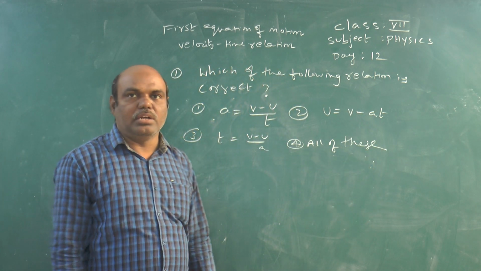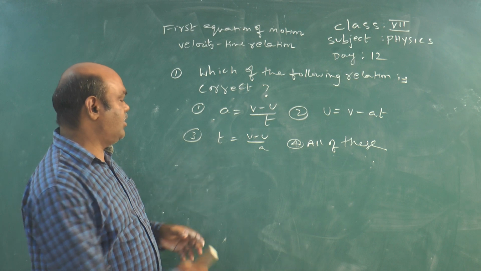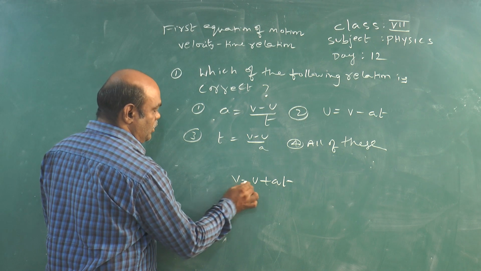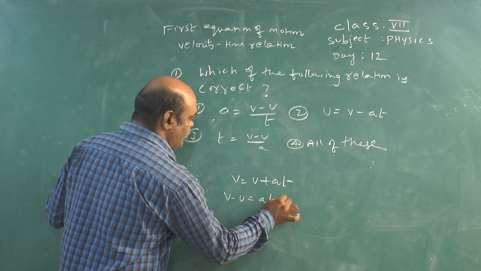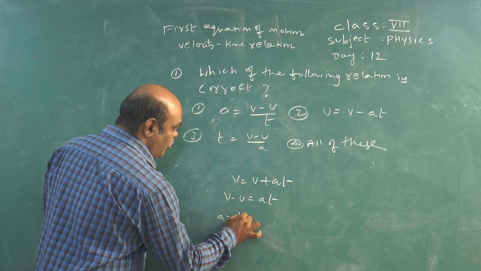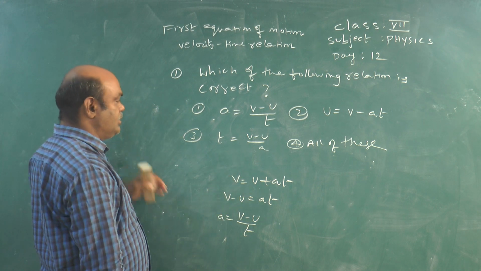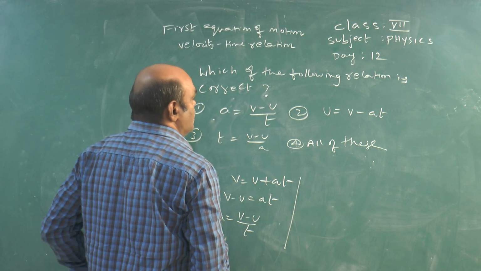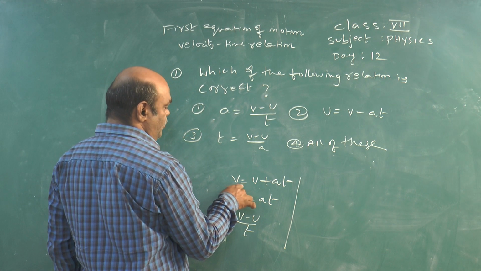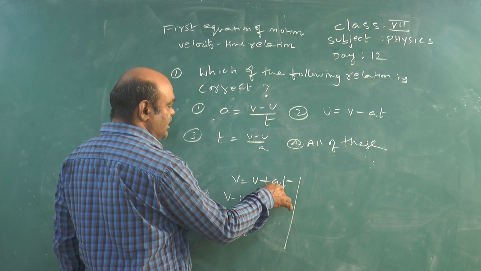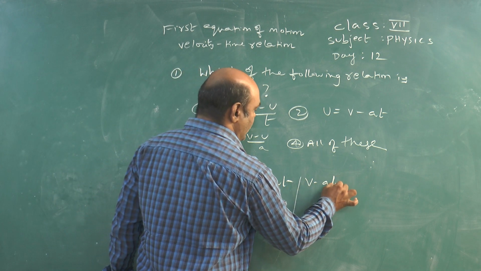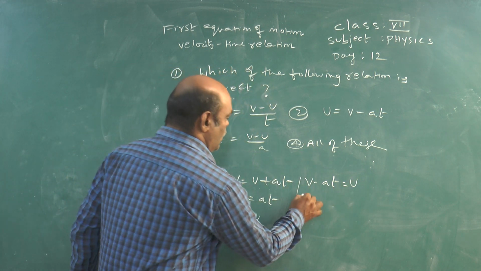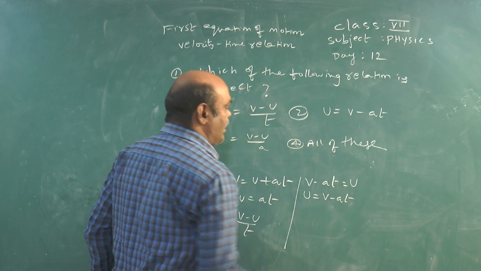According to our basic first equation of motion, v equal to u plus at. If u comes to the left side, v minus u equal to at, then a equal to (v minus u) by t. So the first relation is satisfied. Next, if at comes to the left side, v minus at equal to u, so u equal to v minus at.